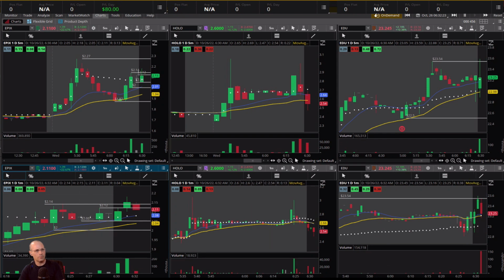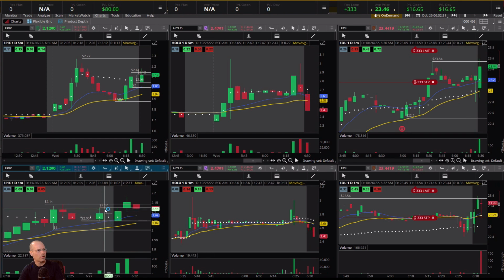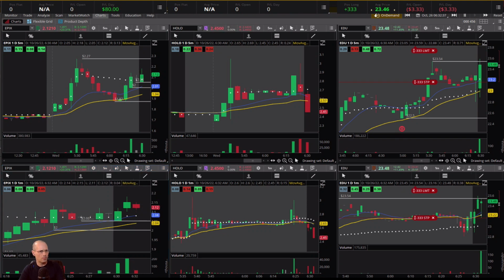There is some volume there on EDU. I almost bought that dip right there. I'll go ahead and buy it now, even though it's already kind of made a move up. We'll see if it gives me the break through the high here.